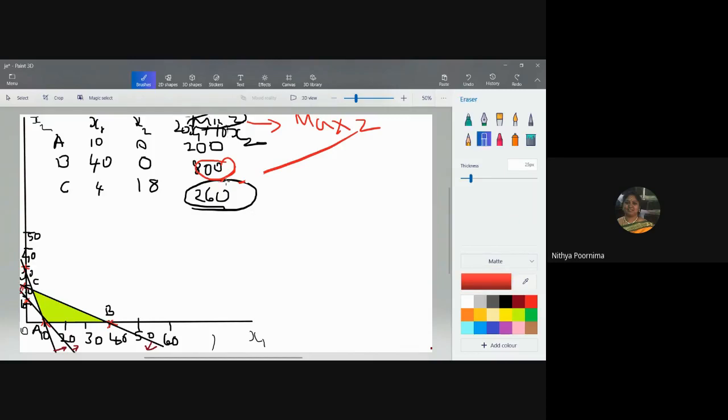But actually, 200 is the minimum value. Min z value will be 200 at point A. For min z 200, the optimal solution is found at x1 is equal to 10. If the problem is a max z problem, then the solution would be found at 800 at x1 is equal to 40. Is it clear, Chinmay?